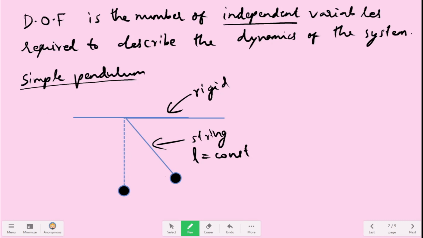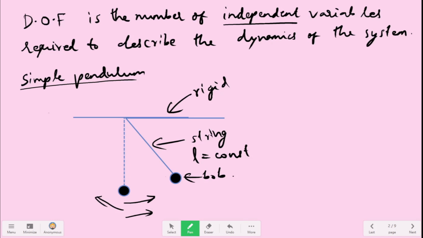One end of the string is connected to the ceiling and the other end is connected to a bob. Now when we displace the bob from its equilibrium position by a small amount, it goes on to and fro motion. It swings away and toward the equilibrium position due to gravity.